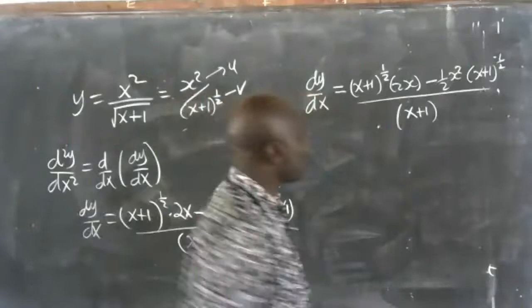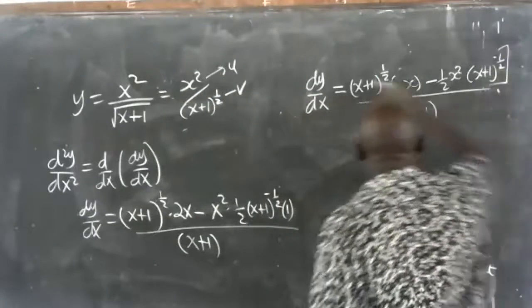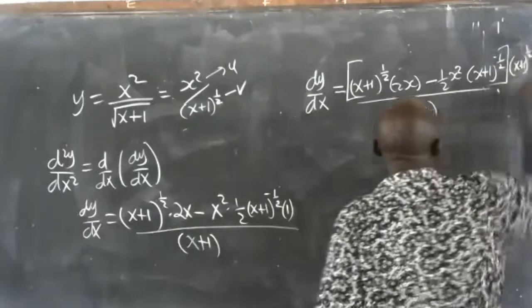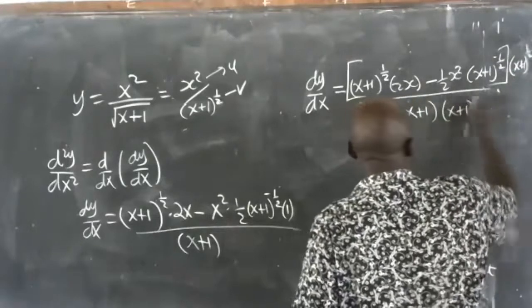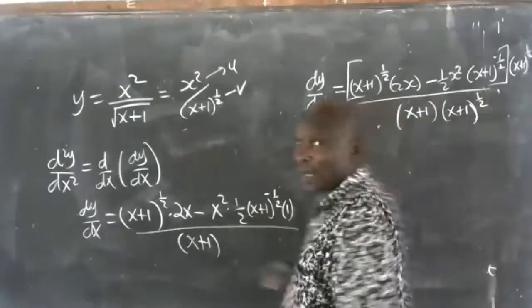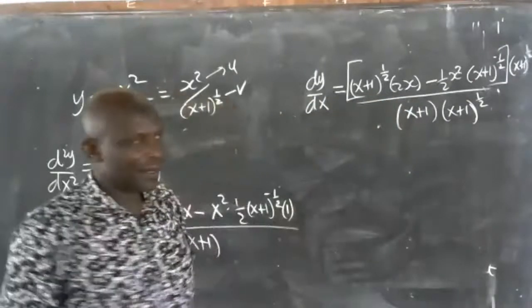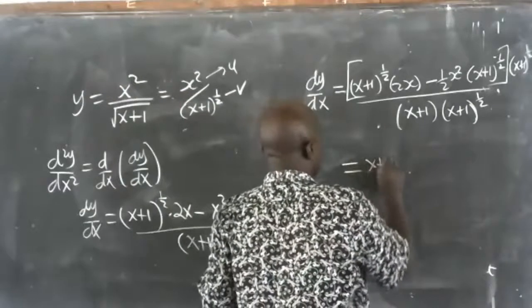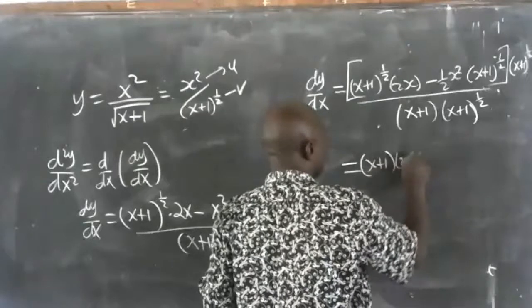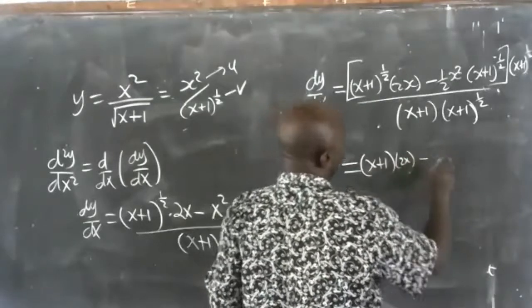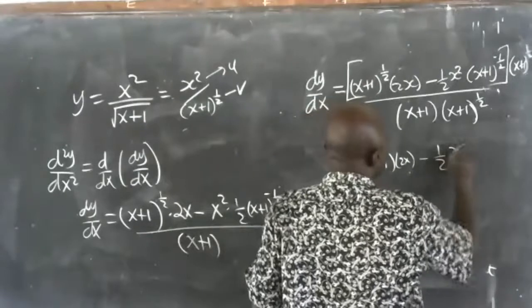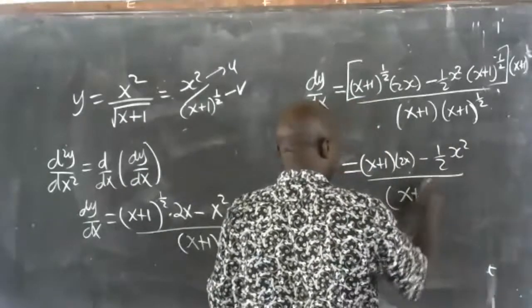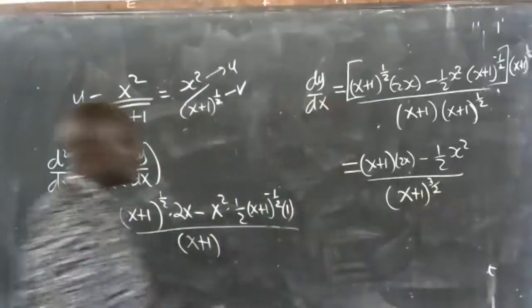Now I told you we have to multiply through by x plus 1 to the power half, like we did last time. We want to simplify our numerator. This one will give us x plus 1 and 2x, minus, now this will be a half x squared, everything over x plus 1 to the power 3 over 2.